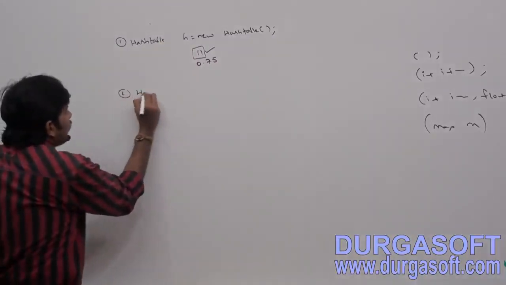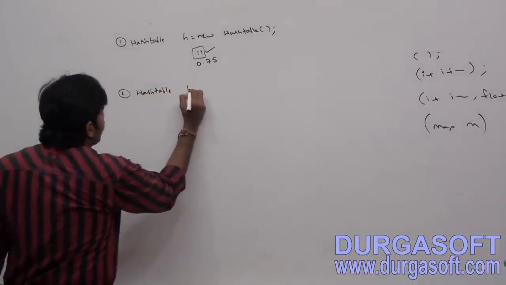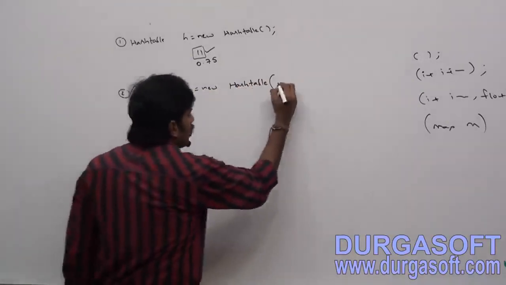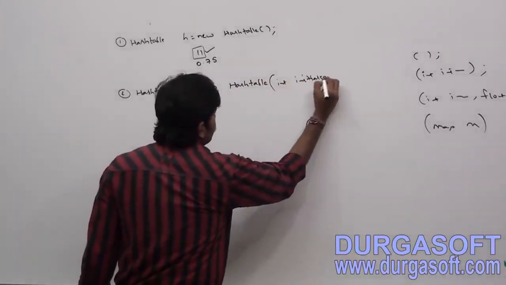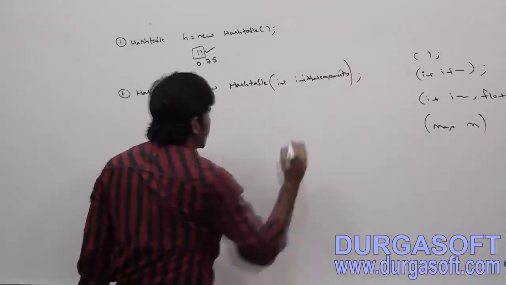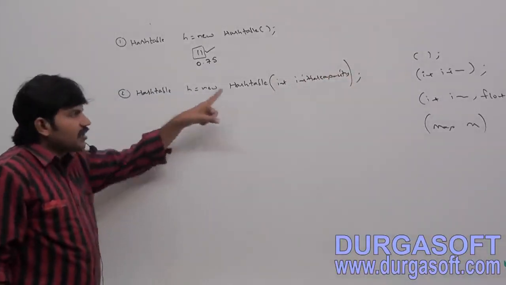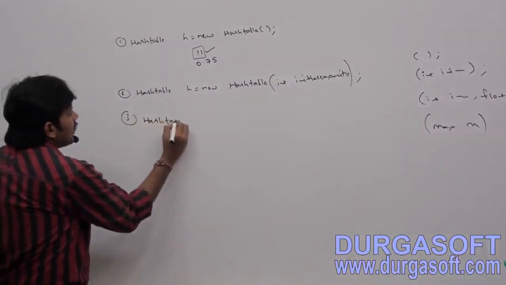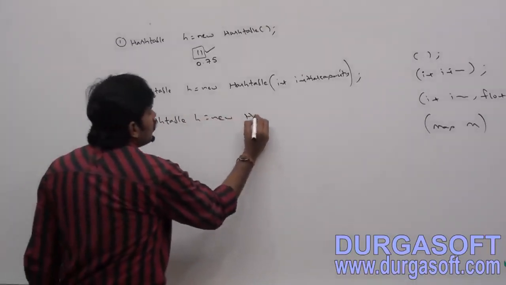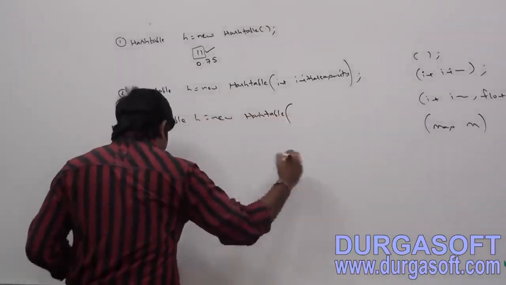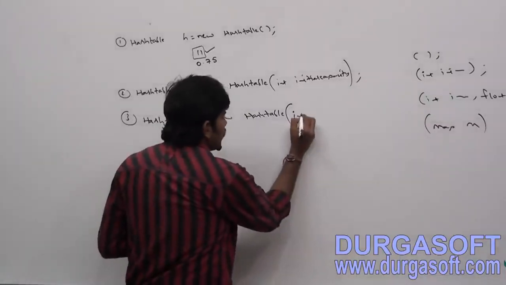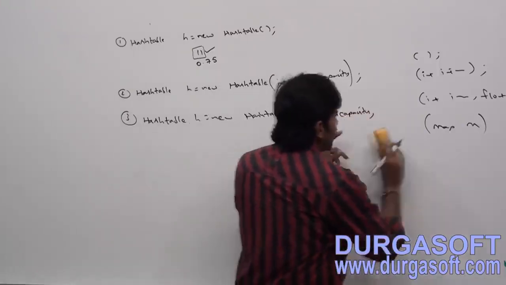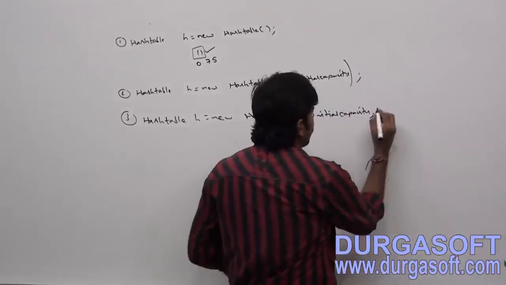Now second one, hash table h is equal to new hash table of int initial capacity. Int initial capacity is my own capacity, whatever capacity I want. Create a hash table object like this. Third one, hash table h is equal to new hash table of int initial capacity comma float fill ratio.